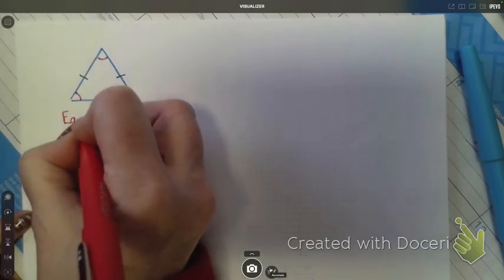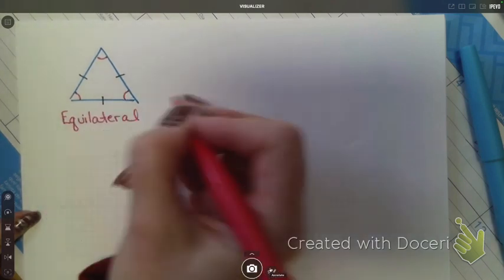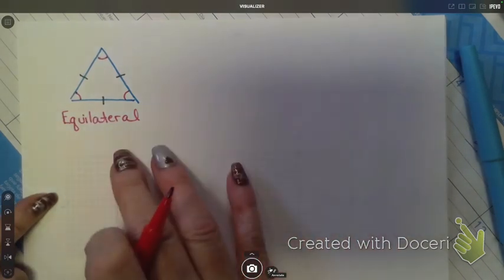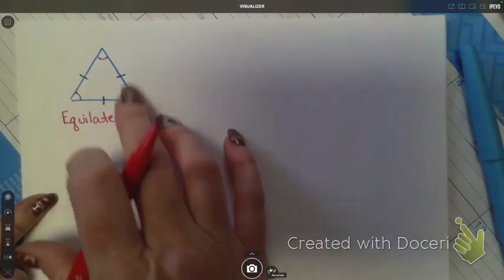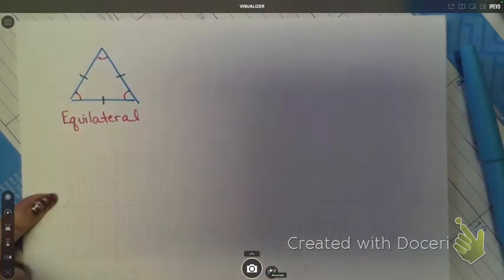I'm spelling equilateral for you. So it's equilateral, and if it's equilateral, then it's equal angular. And every equilateral triangle has the same measure of angles.